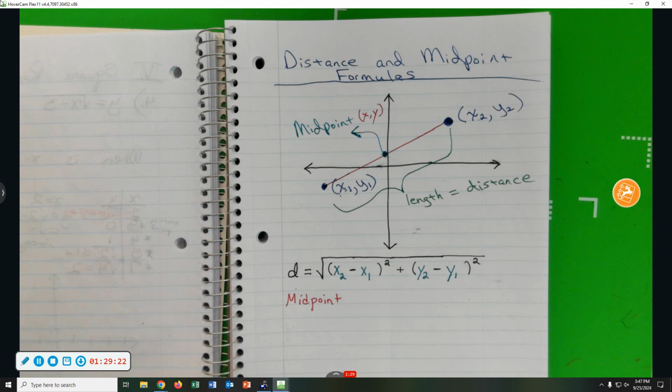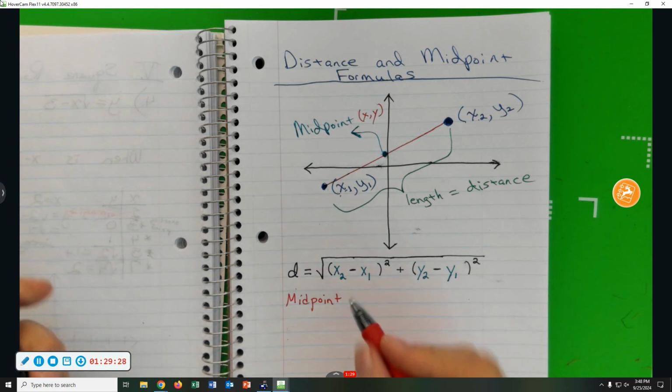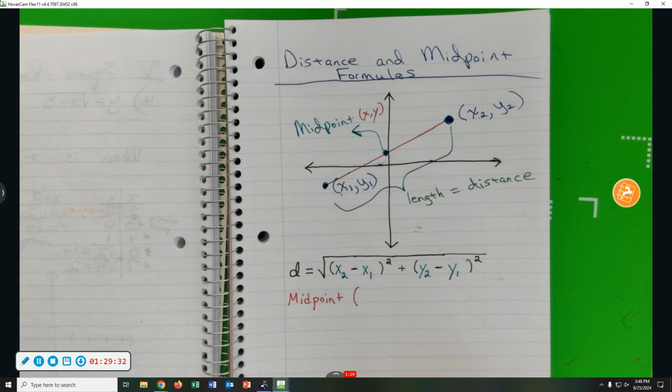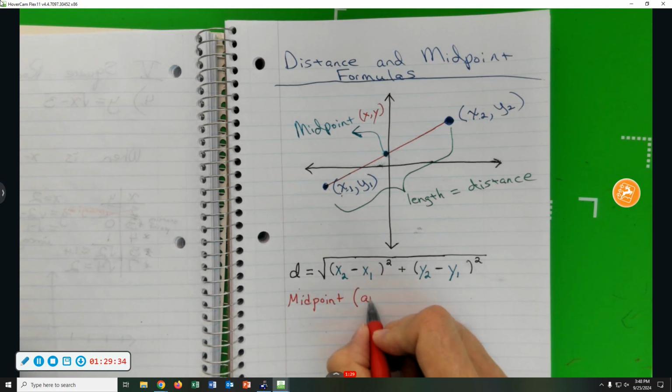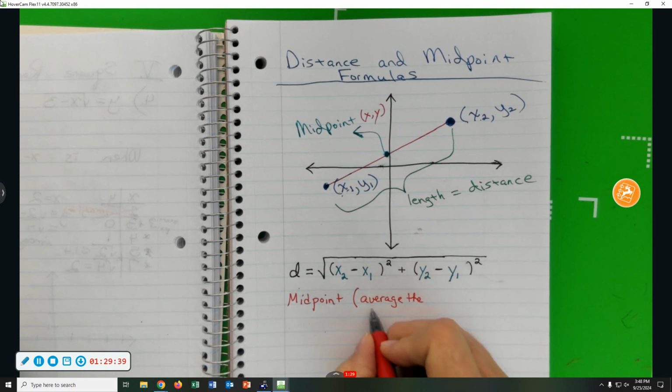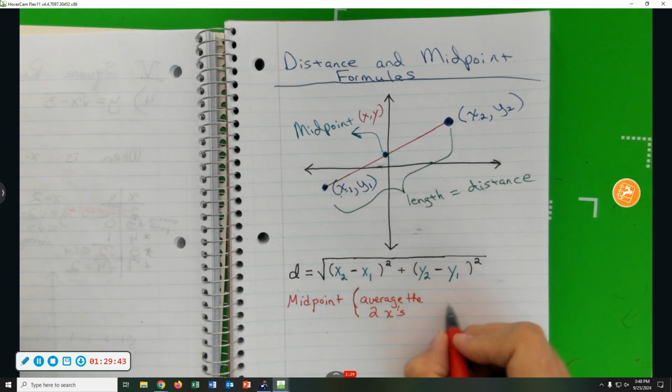What would you do first? Add them together and then do what? Divide. Here's the midpoint formula, loosely stated: you're going to average the two x's, which, what did y'all say that means? Add them and divide.